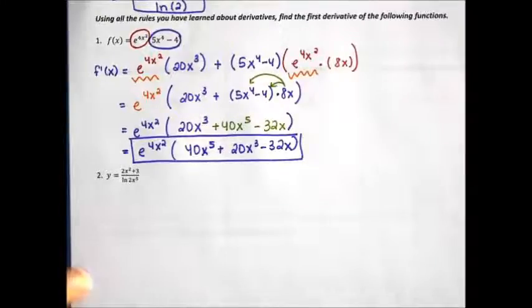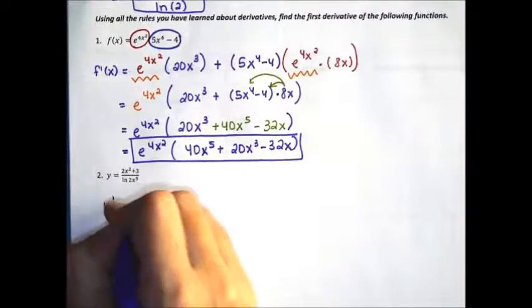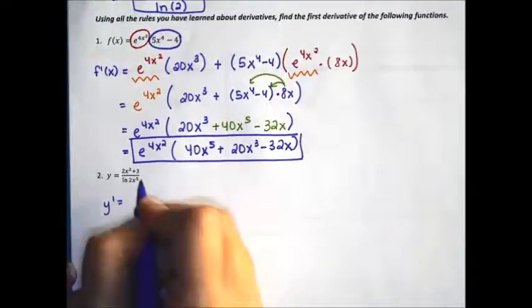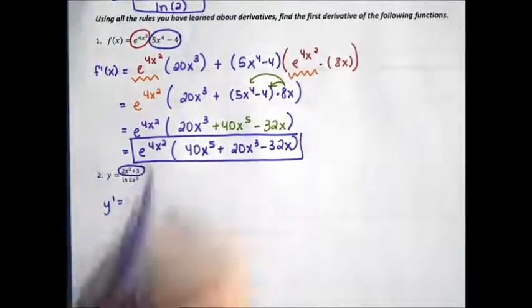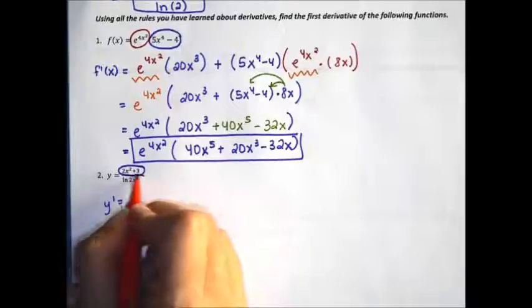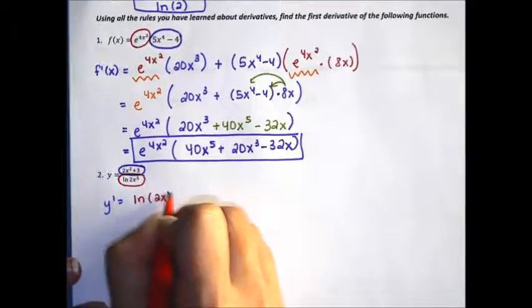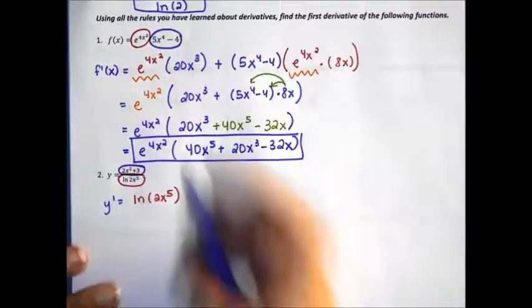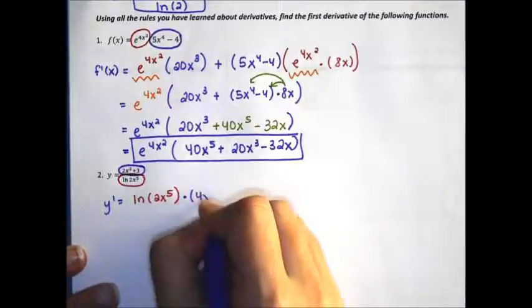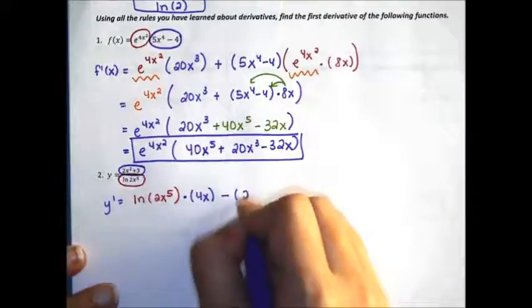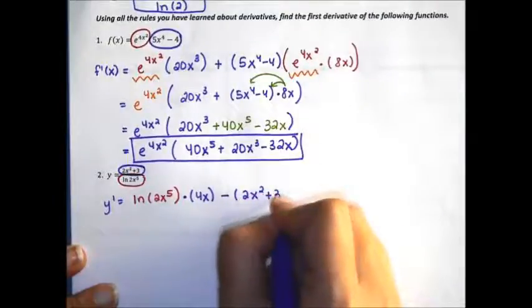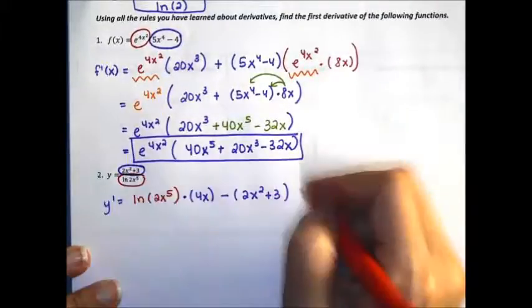All right, now for number 2, I'm going to need to use quotient rule. So I've got the high and I've got the low. The rule goes low, d high, minus high, d low.